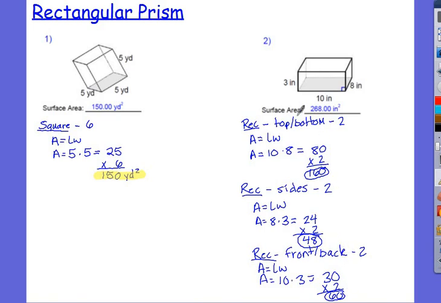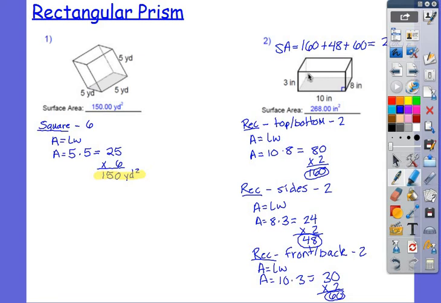Well, I have a lot of people that like to stop here, and they did all that work for nothing. To find surface area, you've got to add them all together. So surface area is all of those, 160 plus 48 plus 60. When I add all of that, I get 268 inches squared.